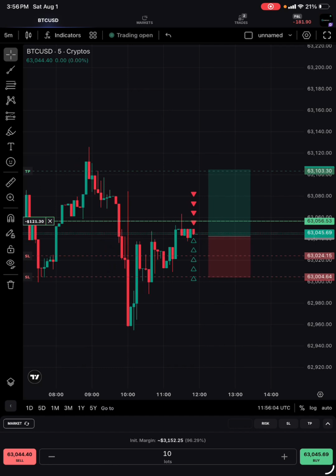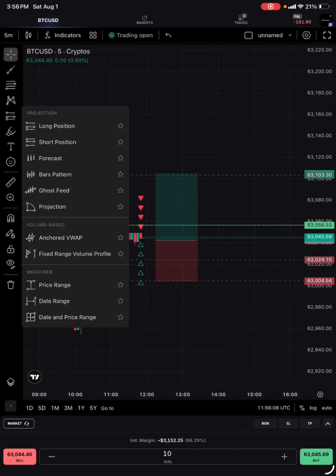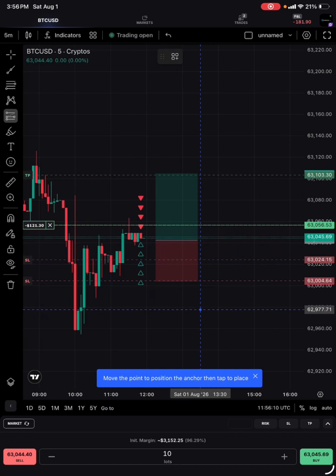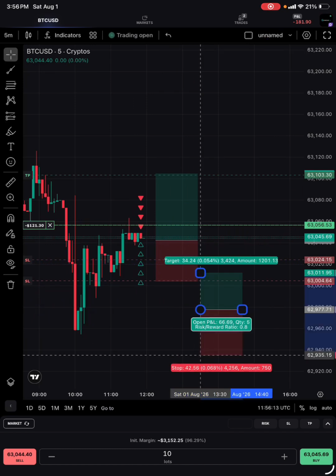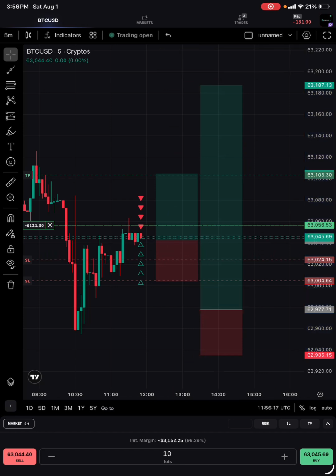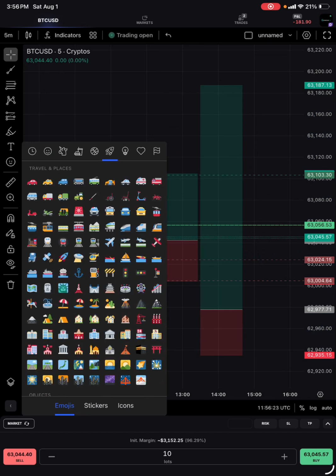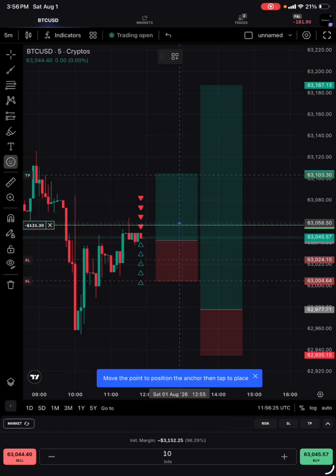Let's say it hits it there, and then you're out, but it pushes lower, and then your next setup's here with the same stop loss, same lot size, but it goes all the way up here. Guess what? This trade took off.